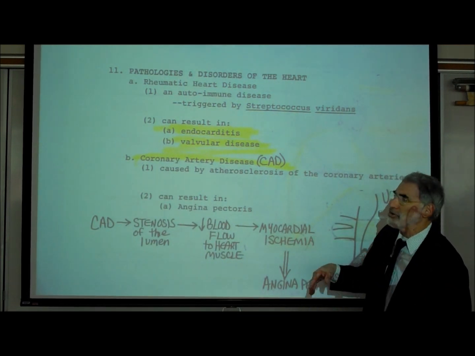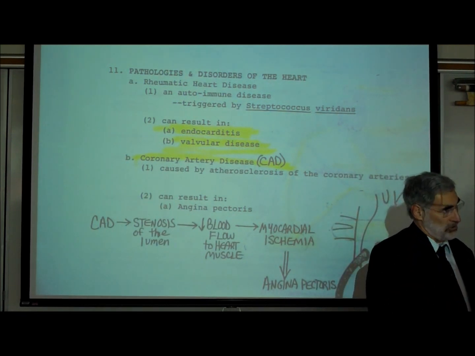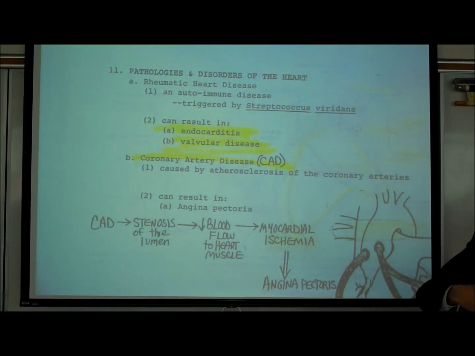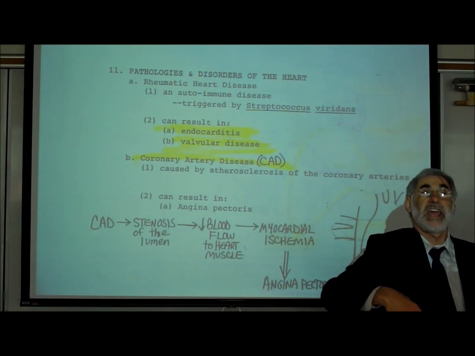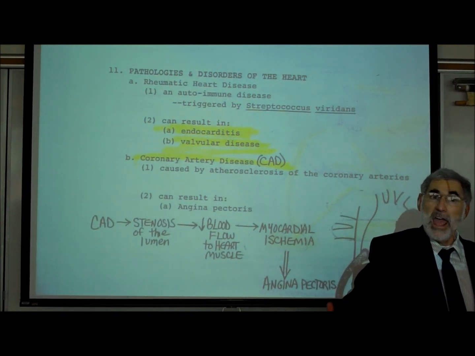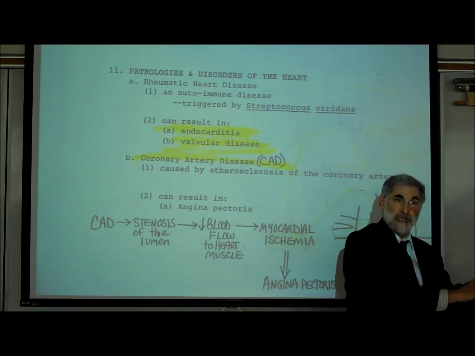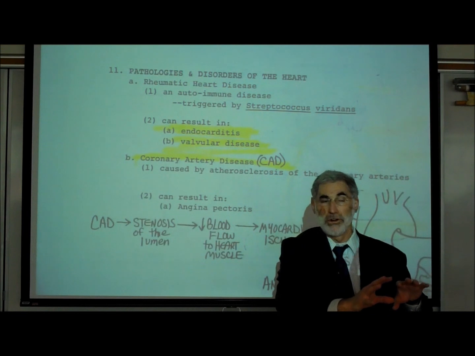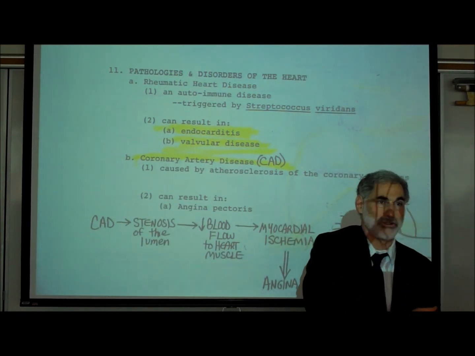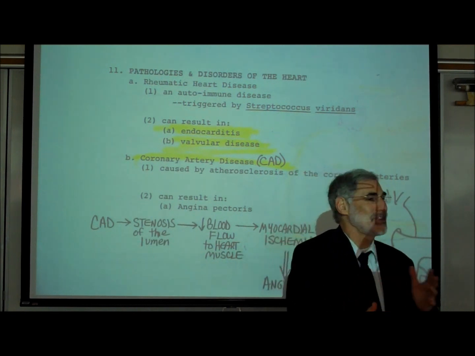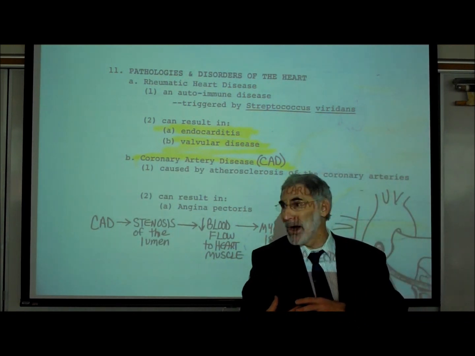And the answer is because it has to be brought on or triggered by an infection. It appears that these people who have genetic predispositions to an autoimmune disease, they have an infection, and when their immune system starts to attack the bacterial infection or viral infection, it can't tell the difference between the infectious agent and part of their own body.